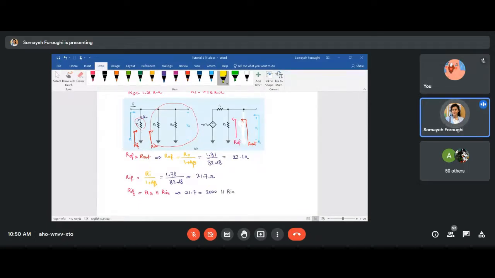And my job is to find RIN. So if you do some simple simplifying, your RIN will become almost 21.7 ohm. And this is your RIN, while your R out from here was directly the same as 22.1 ohm.